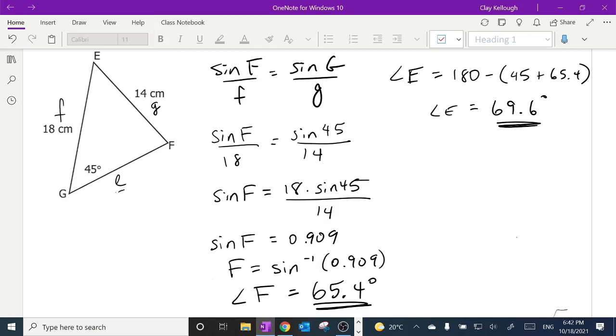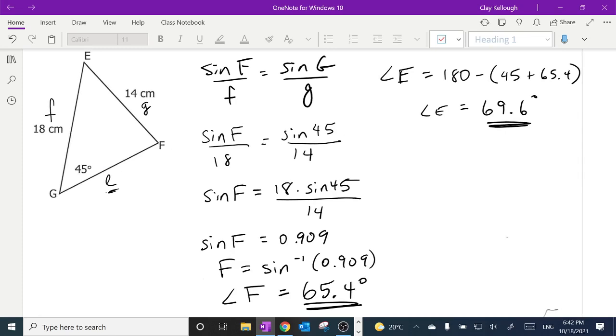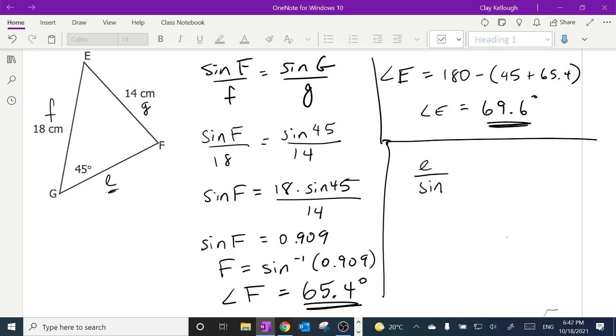And I'm not quite done yet. I'm also supposed to find side E, and now that I know angle E, I can set it up like so. Here, let me just split this so that you can see. There's first calculation, second calculation, and here's the third. E over the sine of angle E, and again, I'll go to the part that they gave me. G over the sine of G, but notice I had to flip it upside down because now I'm looking for a side, not an angle.